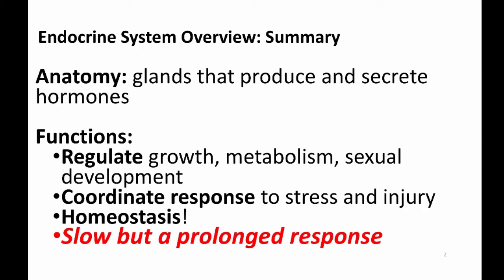The endocrine glands essentially touch every aspect of our lives, hence the exclamation point after homeostasis. And they partner with the nervous system in ensuring homeostasis of the body. But unlike the nervous system, the response is slower and more prolonged.